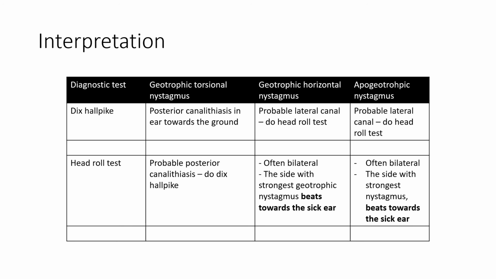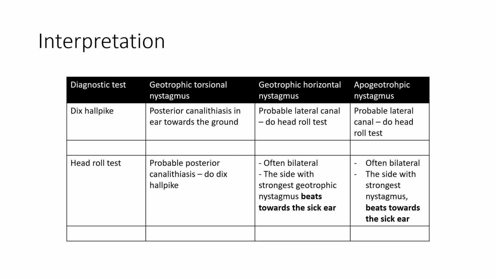The head roll test, well, if you see a torsional component, then just as with the Dix-Hallpike test, probably you're actually seeing a crystal in a different canal, so you should go do the test for that specific canal. But the meat is here.